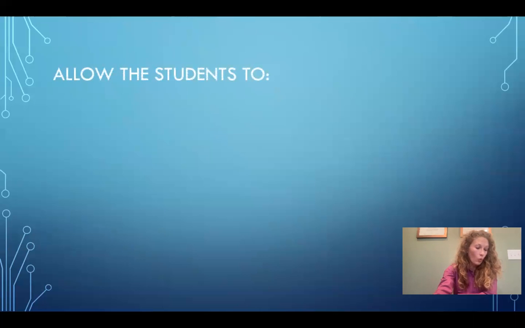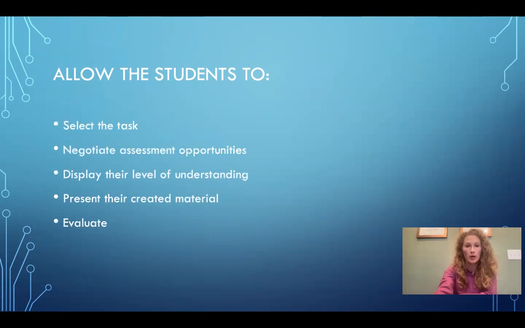So we should be allowing the students to select the task when possible. And it can even allow us to negotiate the assessment opportunities. With a rubric, how many components should we be looking for?